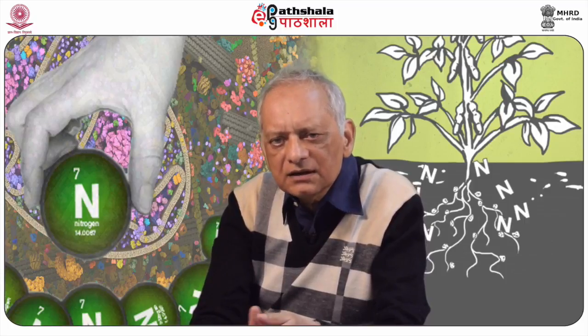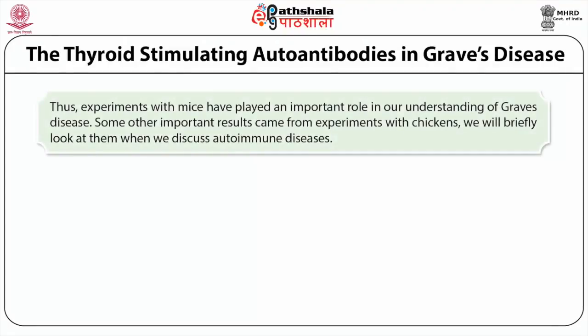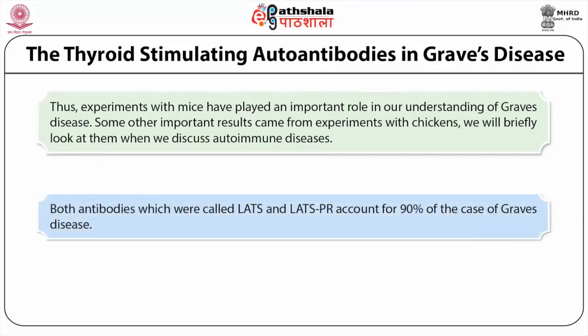Another kind is inert against mouse thyroids and it is called LATS-P, conveying LATS protector. Thus, experiments with mice have played an important role in our understanding of Graves' disease. Some other important results came from experiments with chickens. We'll briefly look at them when we discuss autoimmune diseases. Both kinds of antibodies, LATS and LATS-P, account for 90% of the cases of Graves' disease.